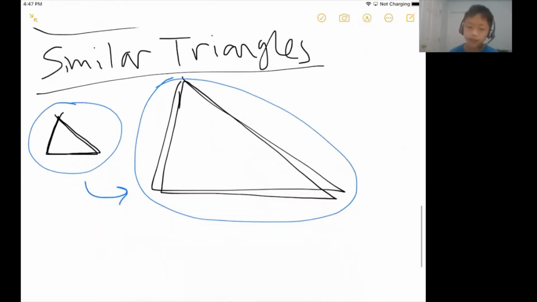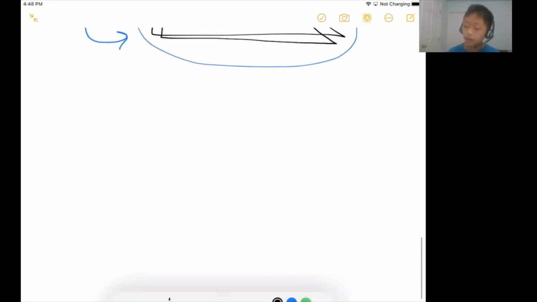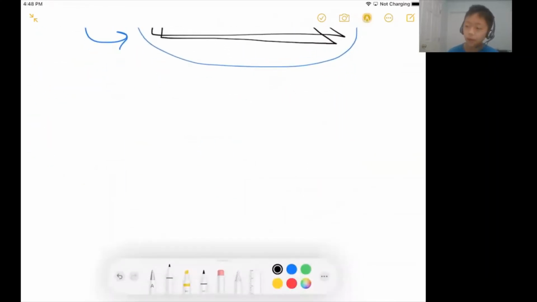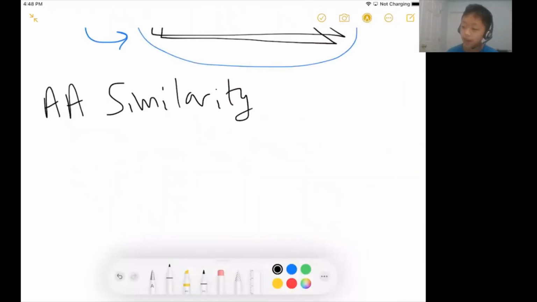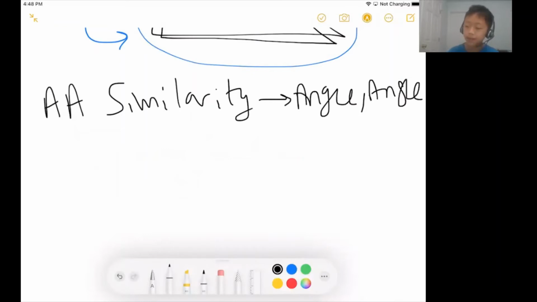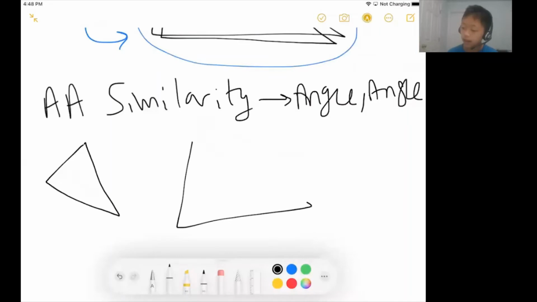So let's first find a way to tell if two triangles are similar. The first and most common way to tell whether or not two triangles are similar is called AA similarity. AA similarity just stands for angle angle. What AA similarity means is if you have two triangles that look like this, and let's say you know two of the angles are the same.